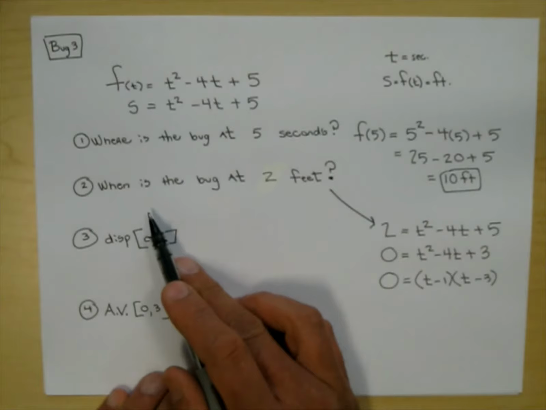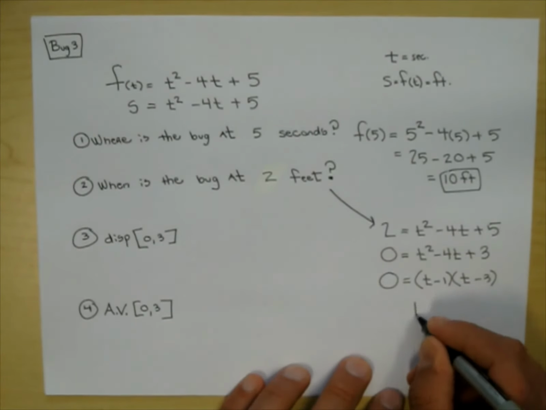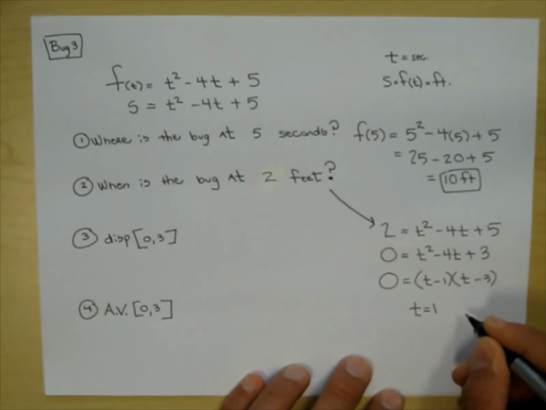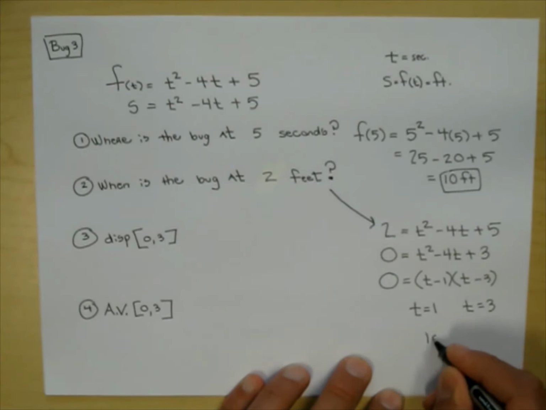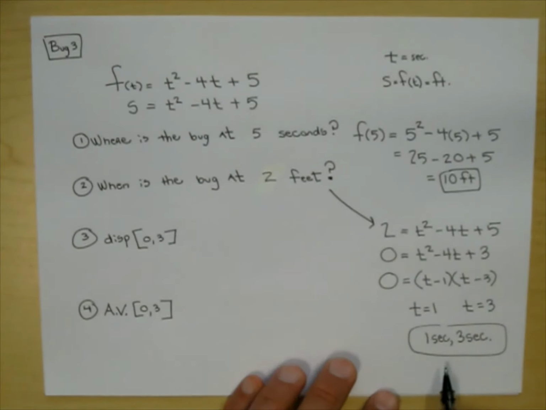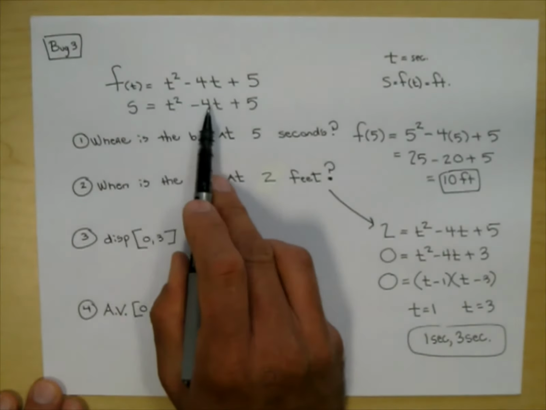And so it says, when is the bug at 2 feet? Well, there's actually going to be 2 times. t equals 1, t equals 3. So at 1 second and at 3 seconds. Those are 2 times where the bug is at 2 feet with this position function.